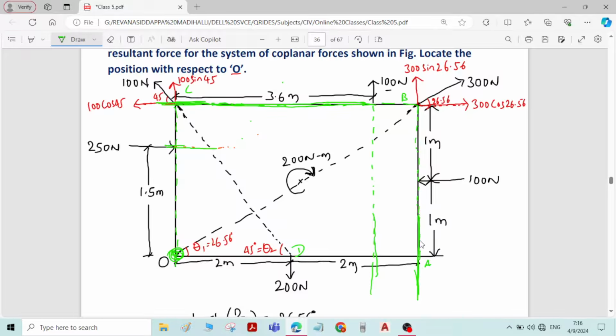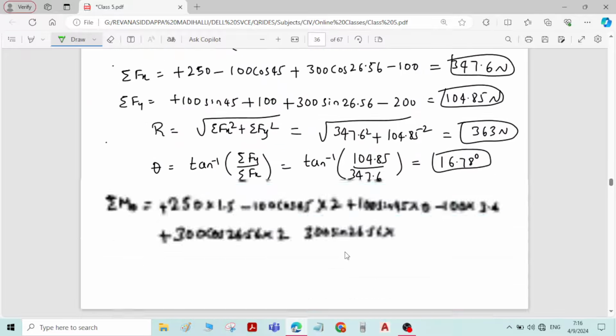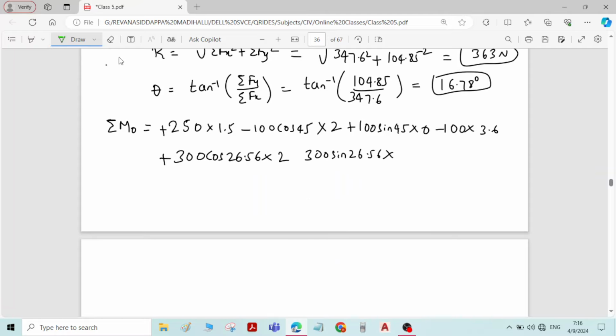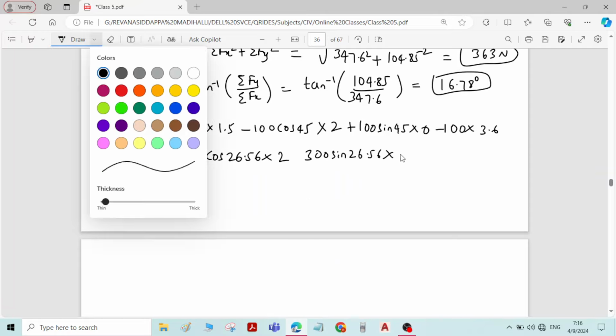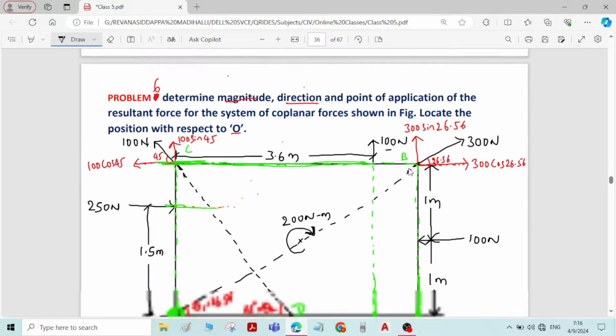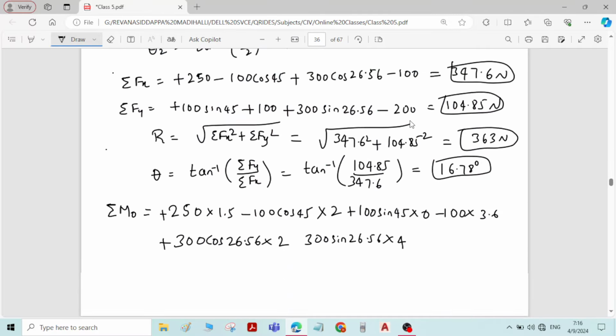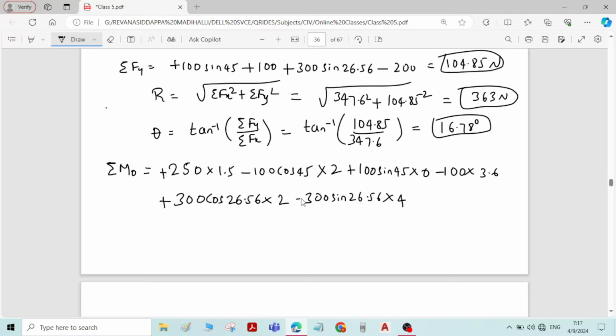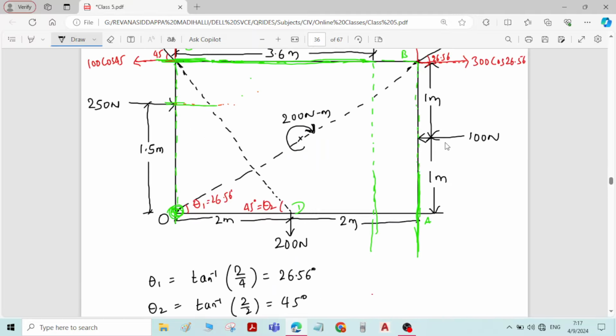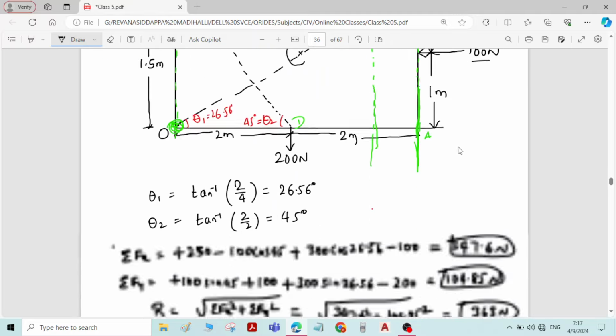Distance of point O from the line of action is 4 meter, and about point O, if you apply an upward force of 300 sin 26.56 at point B, the plate will rotate in anti-clockwise direction. Sign is minus.